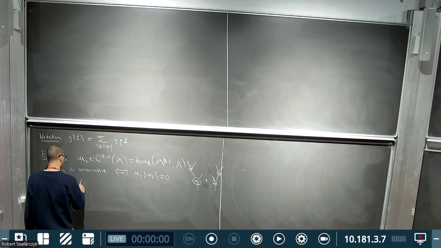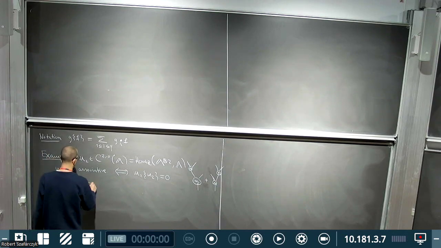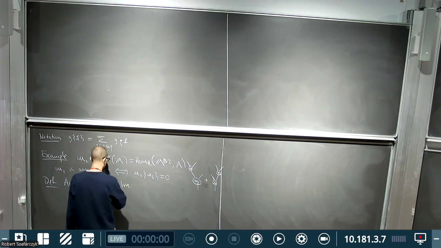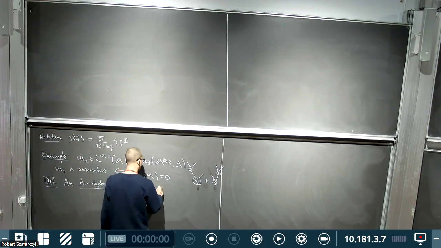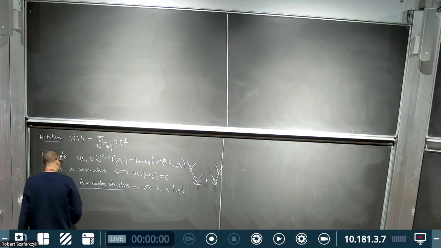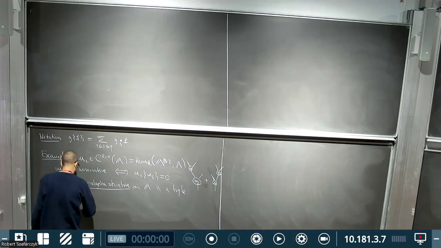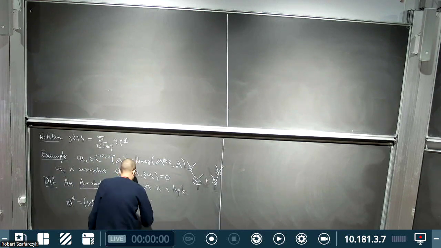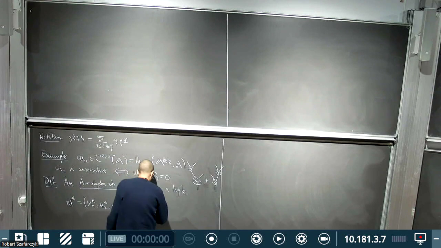An A-infinity algebra structure on lambda is a tuple m, written like this: m1, m2, m3, and so on, of operations of arity n.